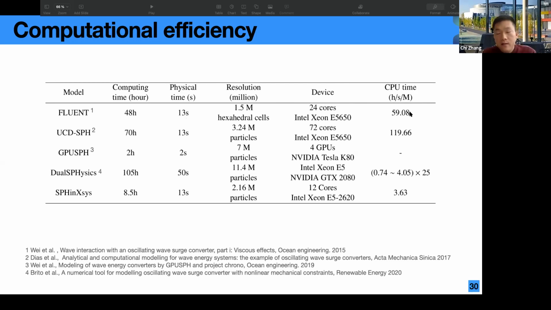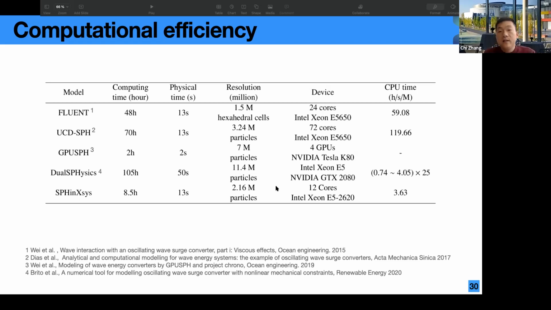As you can see here, the commercial software, for example Fluent, requires almost 60 hours for 1 second of physical simulation of, for example, 1 million cells. However, for SPHinXsys, we only require 3.6 CPU hours for 1 second of physical simulation and for 1 million particles.